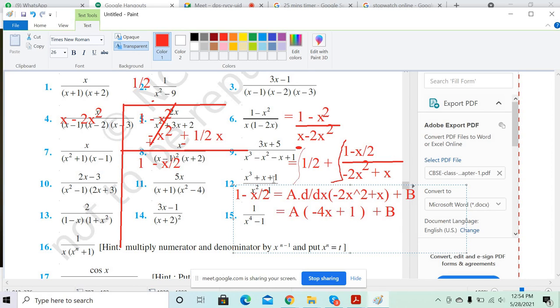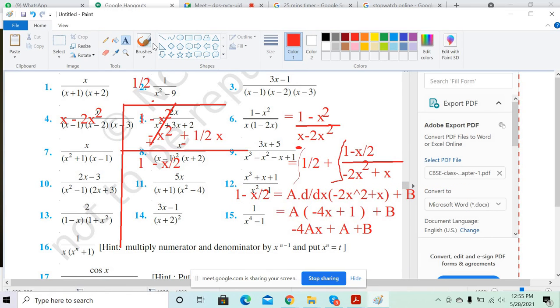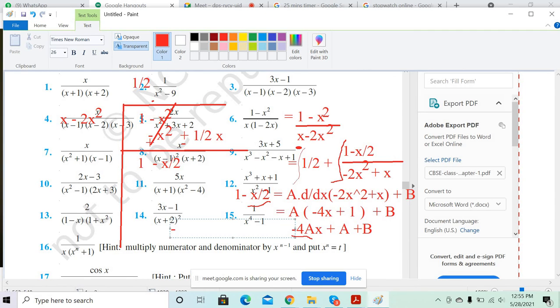We'll just map it now. A is, okay, let's go to this part now. So here, minus 4a x plus a plus b, isn't it? Now when you map it, see the coefficient of x is minus 1 by 2, and here the coefficient of x is minus 4a. So the coefficients will be equal: minus 1 by 2 should be equal to minus 4a, correct?